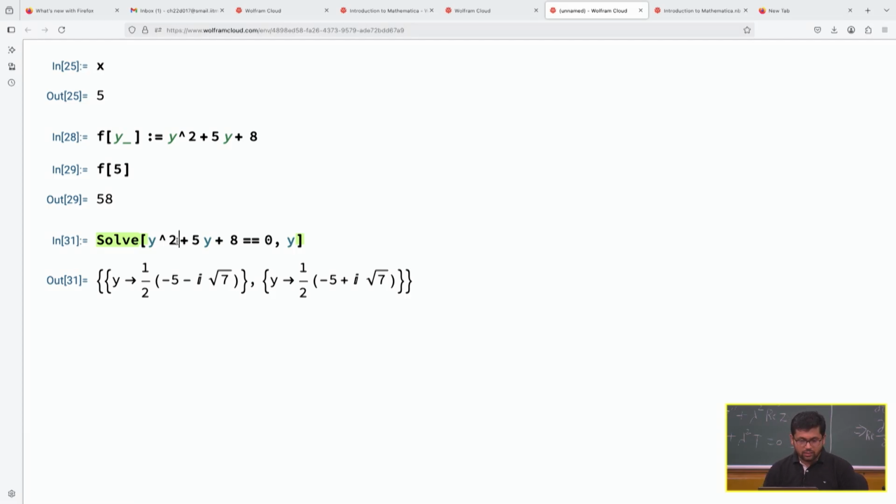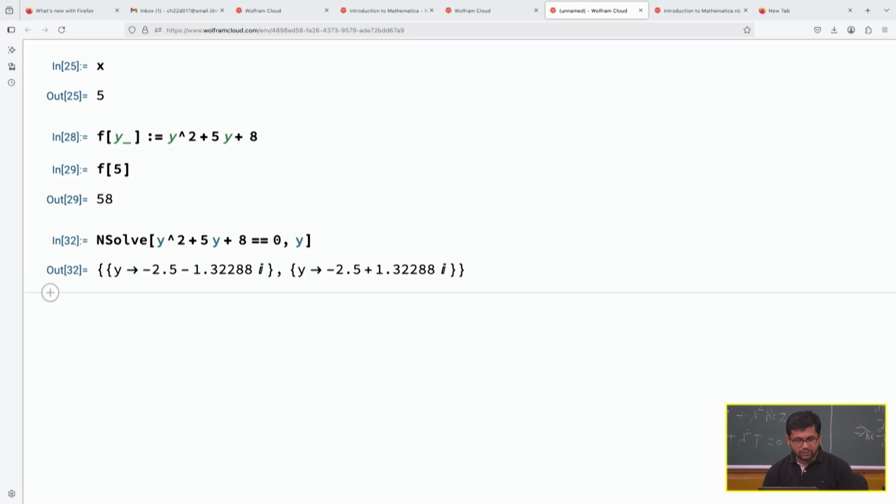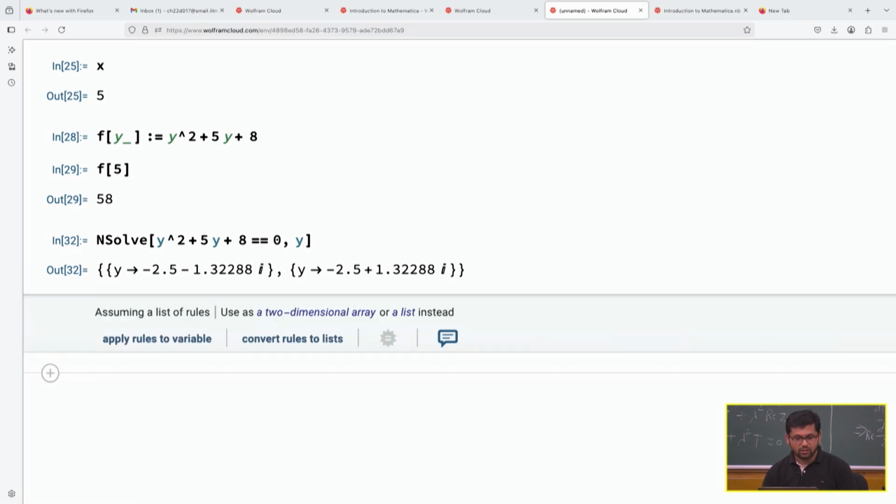You can use this Solve command even for very big expressions and it will work very efficiently. A similar command for solving algebraic equations is NSolve. You just put N in front, and it will solve the same equation numerically, and if you press shift enter, it will give you the numerical value.